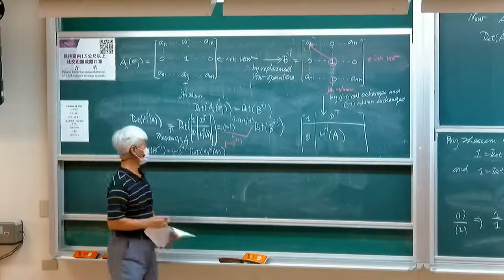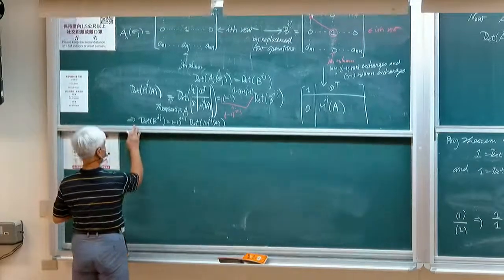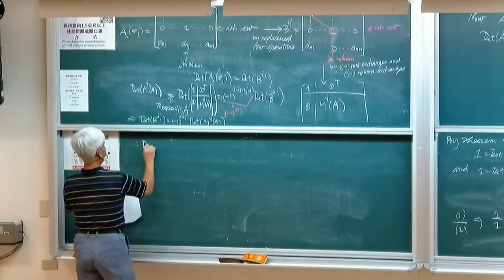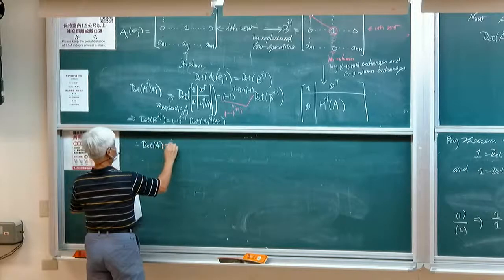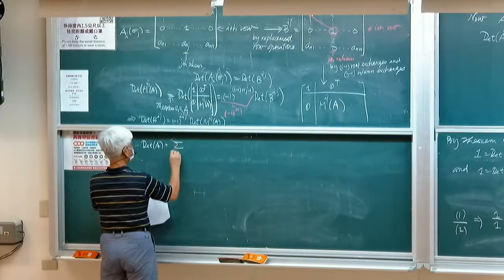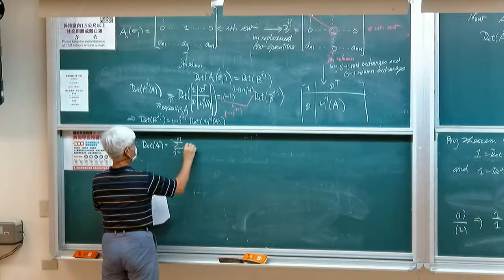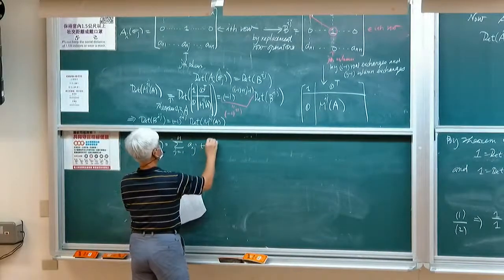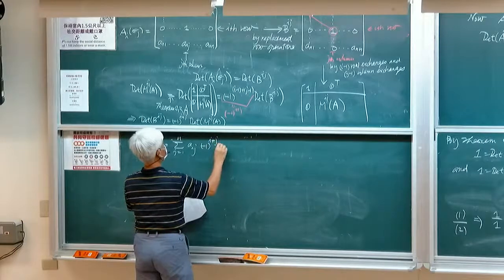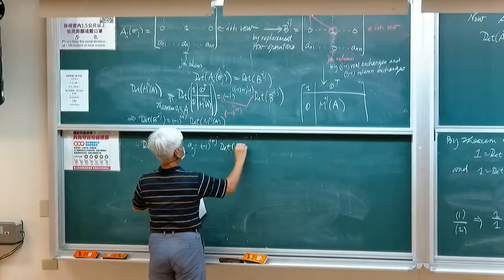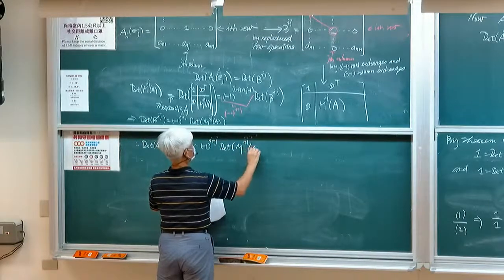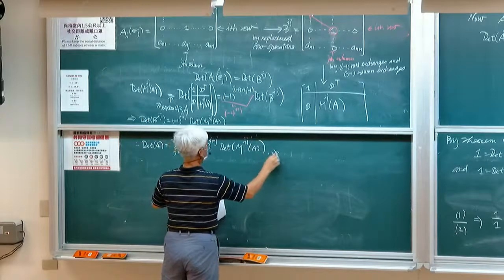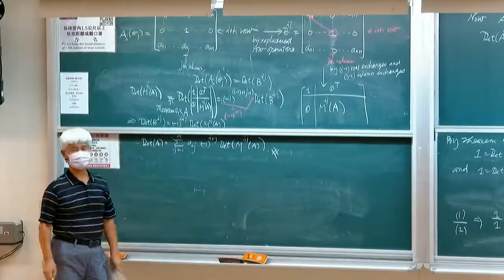Okay, so now the determinant of A becomes the summation over j from 1 to n of aij times (-1)^(i+j) times the determinant of Mij, and this is what we have. Okay. And we have done.